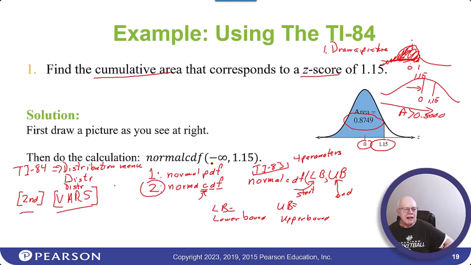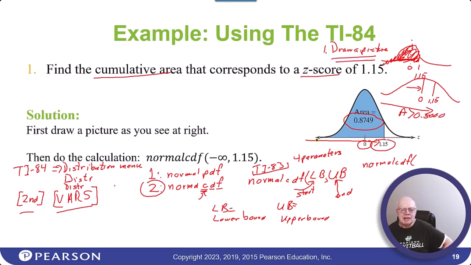So what we need is we want everything up to 1.15. So when I'm at the distribution menu, I'll make sure I hit number 2 to get CDF. For the lower bound, well, if you look at this picture, there's a picture again.